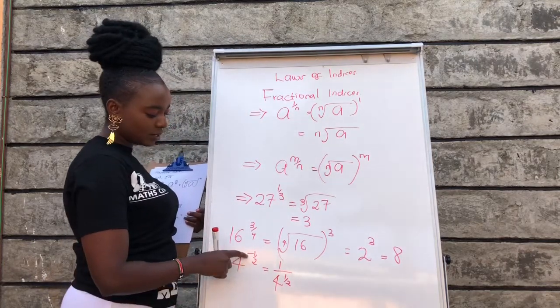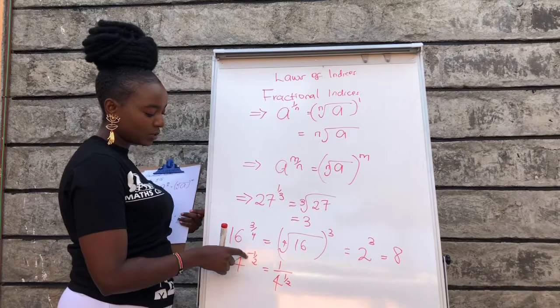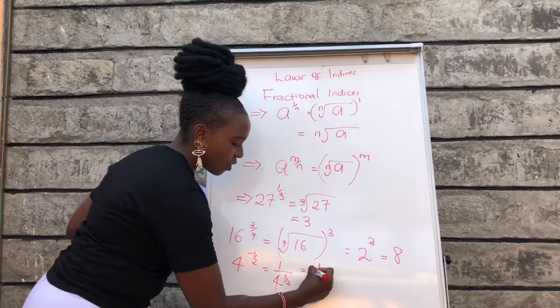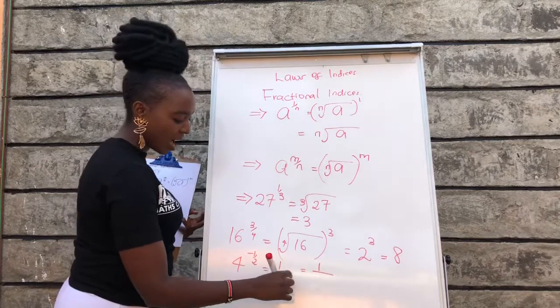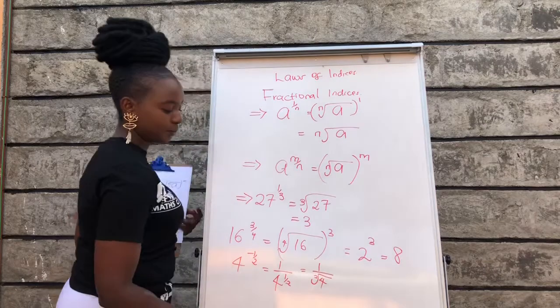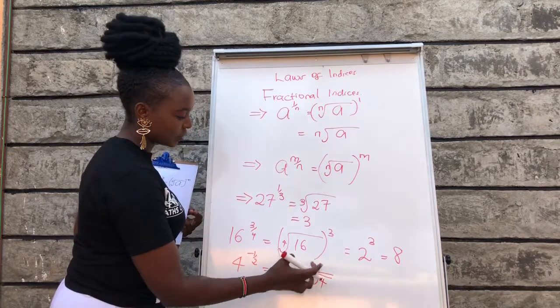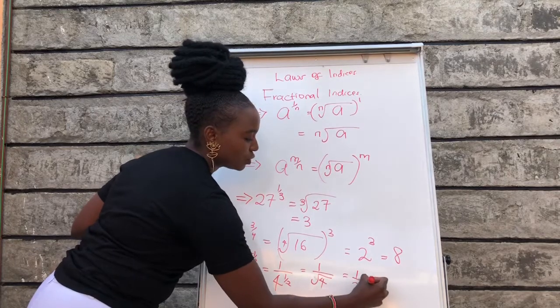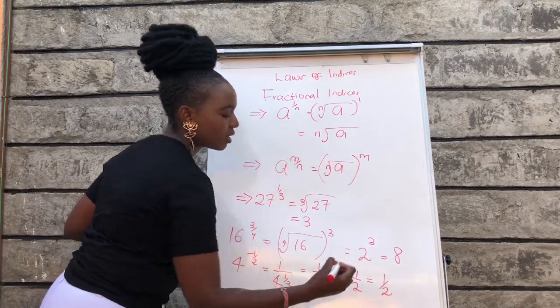So we just change it. Instead of working out with such, you can choose to do this, and this becomes 1 over 4 raised to a half. The denominator is the root, so the root of 4, which is the same as just the square root. So for 4 this becomes 2. So technically your answer is 1 over 2.